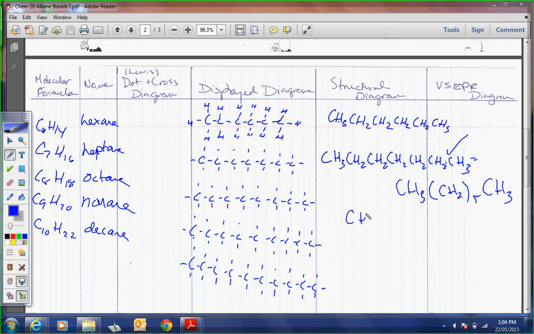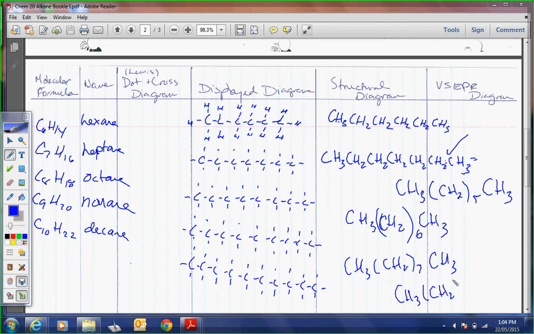I'm going to write CH3, CH2 in brackets, and I'll have 6 of those CH2s, and then a CH3 on the outside. And for nonane, CH3 bracket CH2, 7 of those, CH3. And for decane, CH3, CH2, 8 of those, CH3.